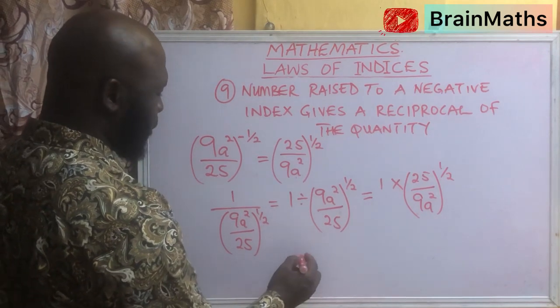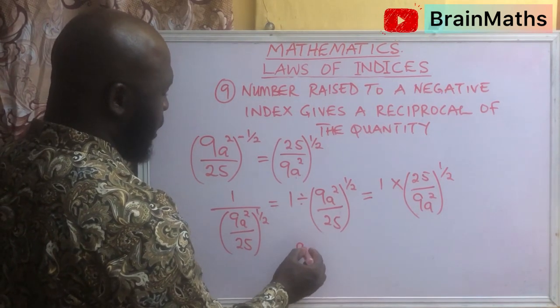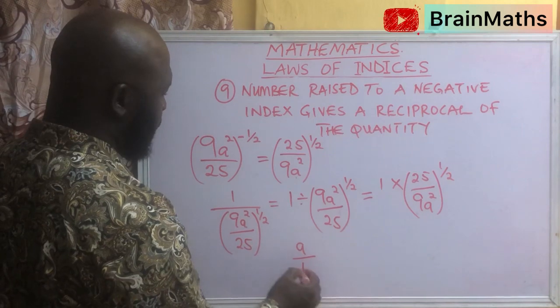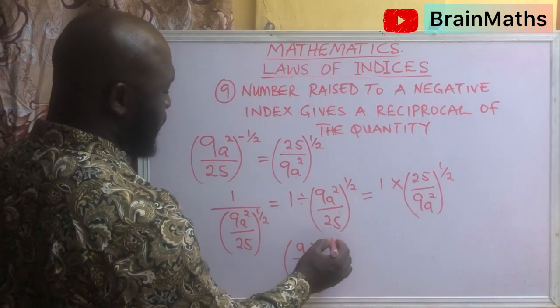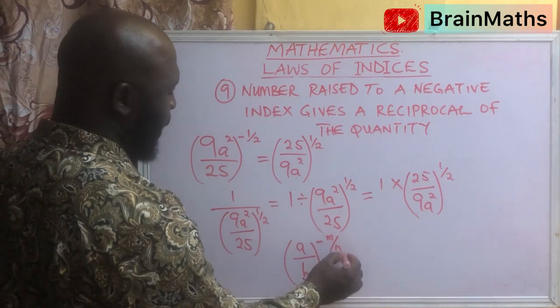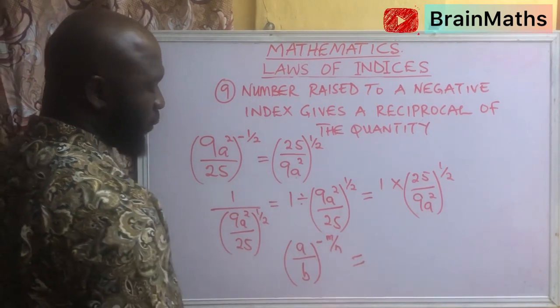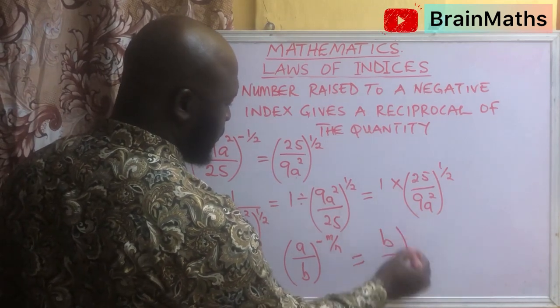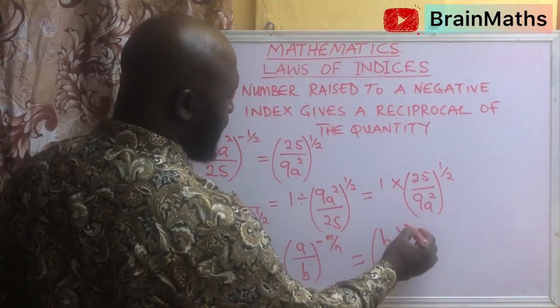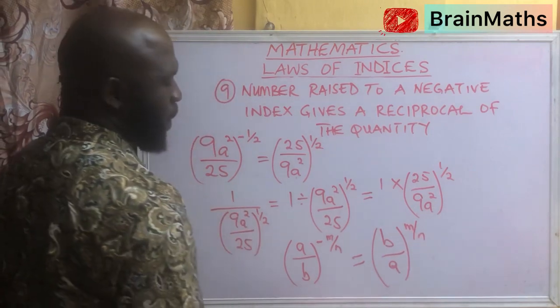So the law says whenever you have a over b having a power of negative m over n, then it suffices for us to say b over a raised to power m over n.